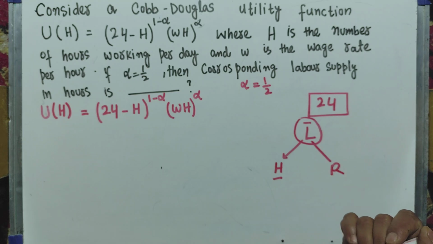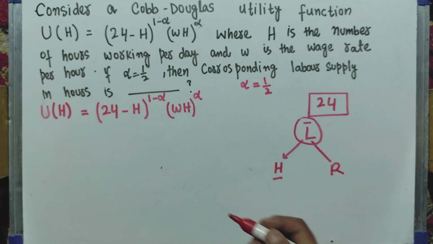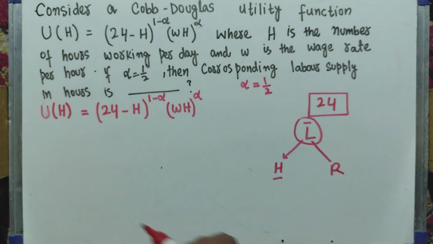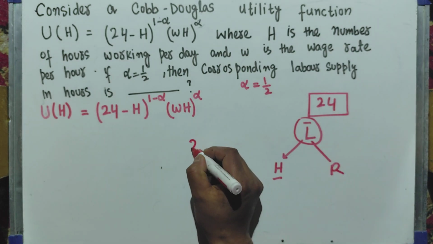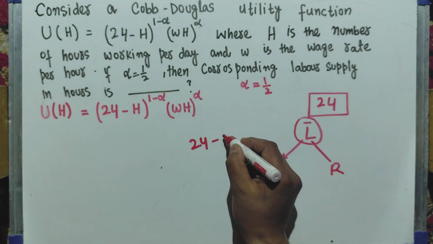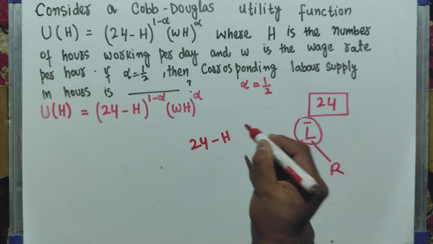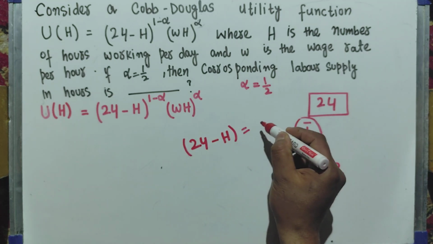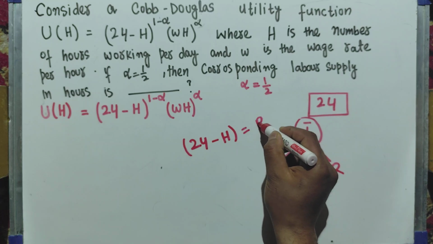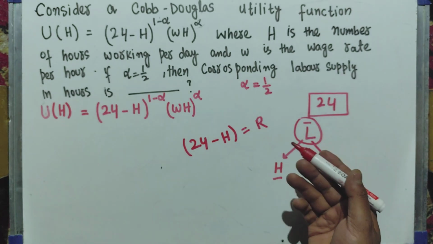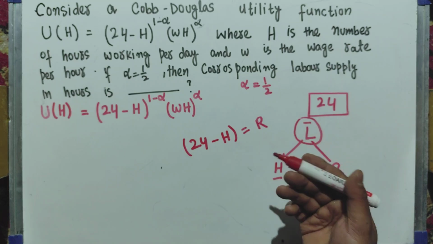Here you can think of L bar as 24 hours. So we have 24 hours total. Out of 24 hours, if the person is working for h hours, then the rest of the hours is his leisure time. So R denotes the number of hours used for leisure.